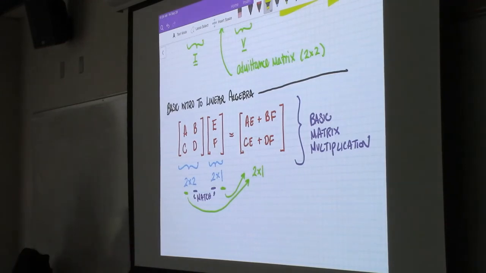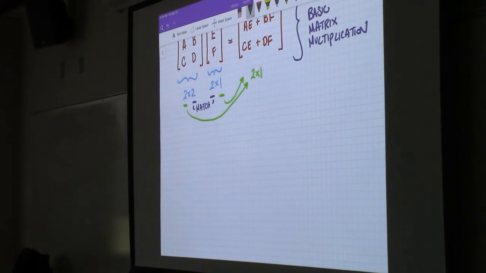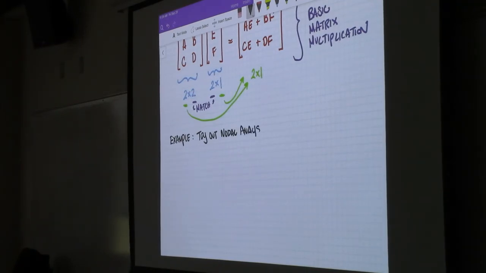So, diving back into nodal analysis. Really, the best way to introduce nodal analysis is by doing one.